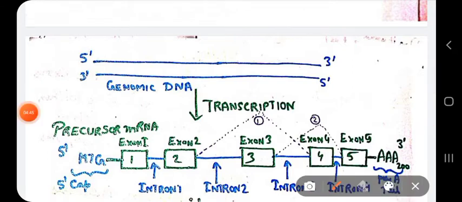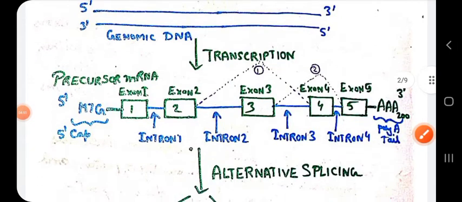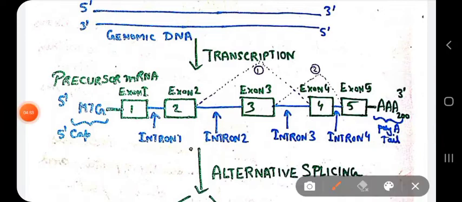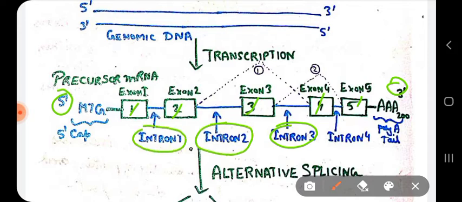You can see here genomic DNA, and during transcription we form a pre-mRNA. You can see a pre-mRNA here, 5 prime, 3 prime, with multiple exons, and between the exons there are introns also present.